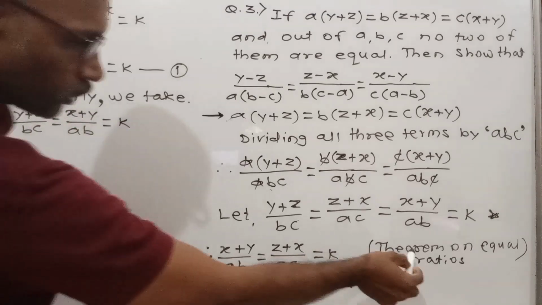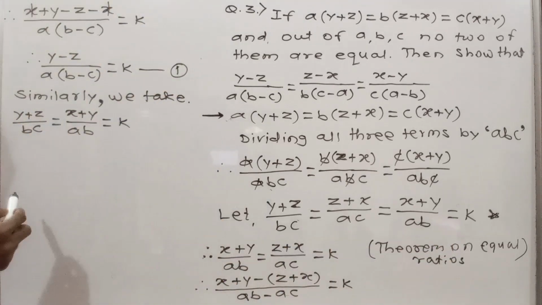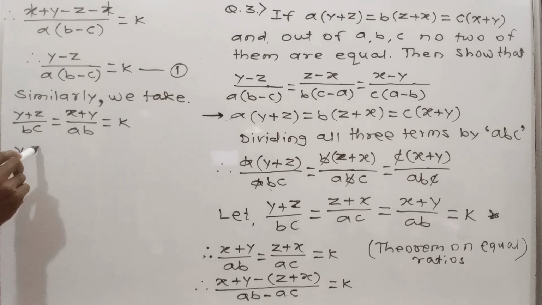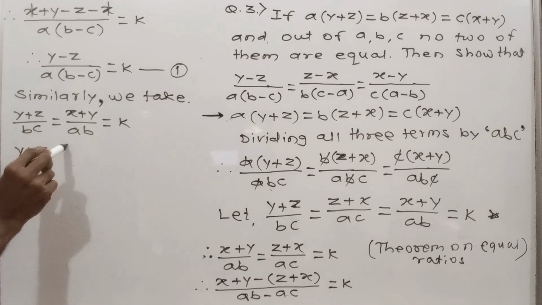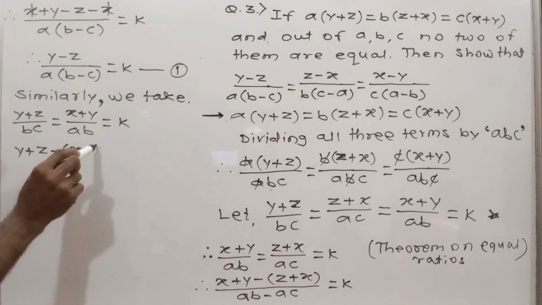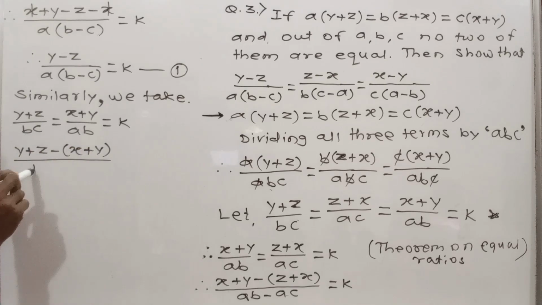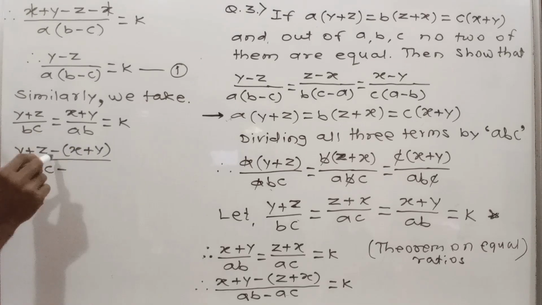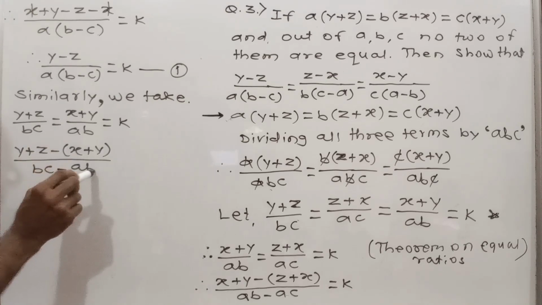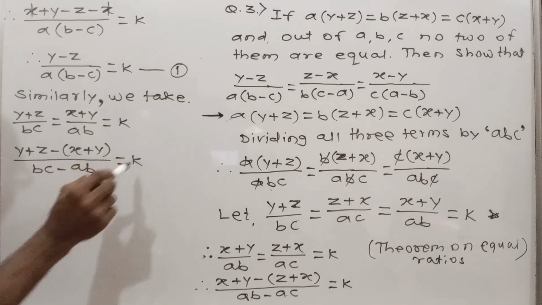By the theorem on equal ratios, (y + z − (x + y))/(bc − ab) = k.